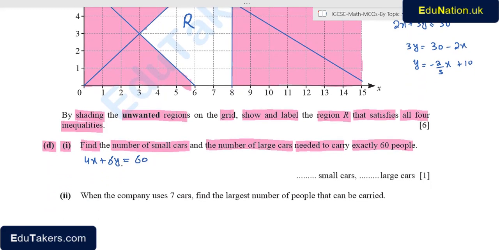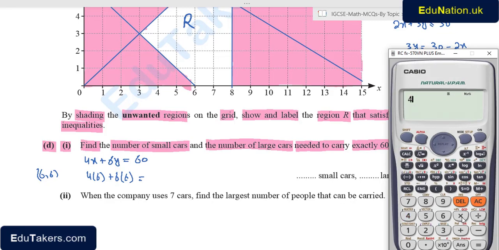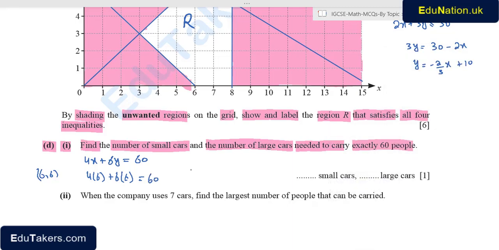If I put 6, 6 in it, this will be 4 into 6 plus 6 into 6. 4 times 6 plus 6 times 6 is 60. So this will be 6 small cars and 6 large cars.